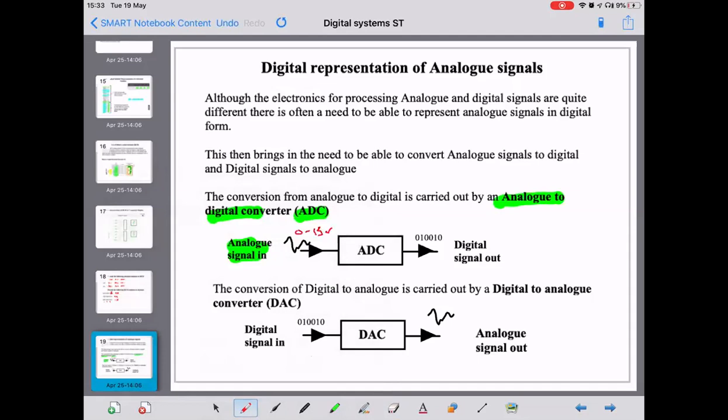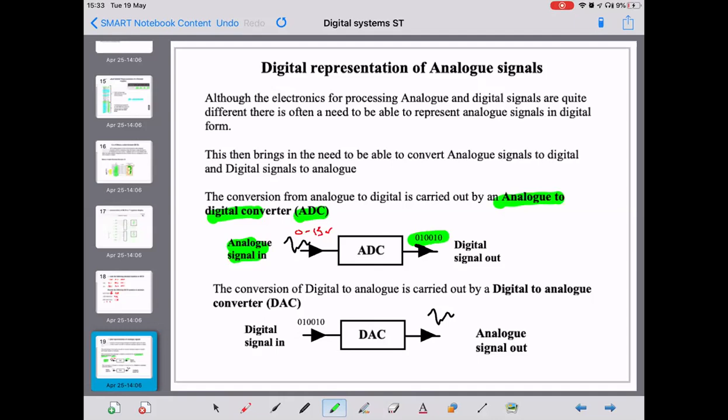And the ADC converts that into a digital number of a given number of bits at the output. That means a computerized system can take an analog signal in, have it converted into a digital number, and store it in memory and use it in the program to run the machine.